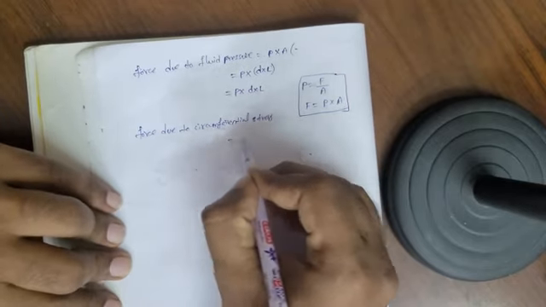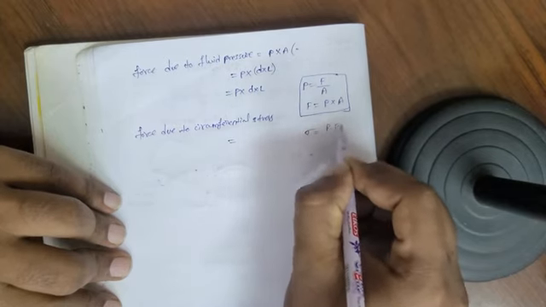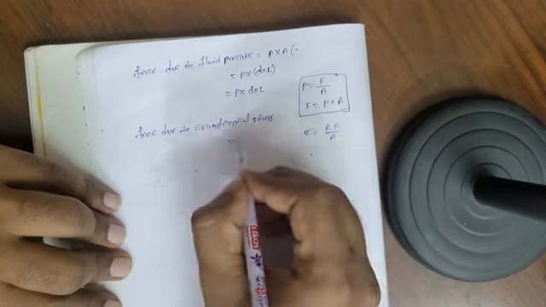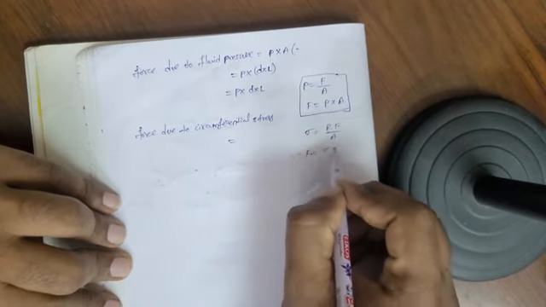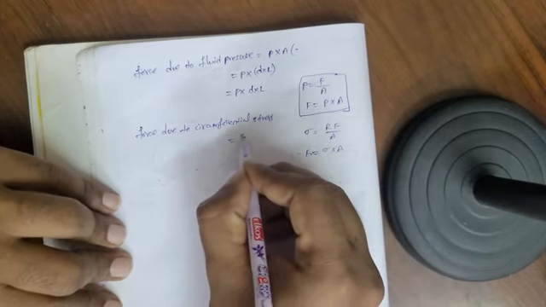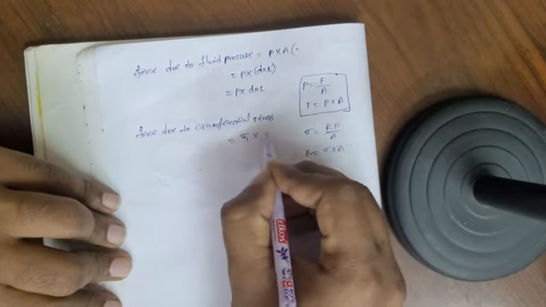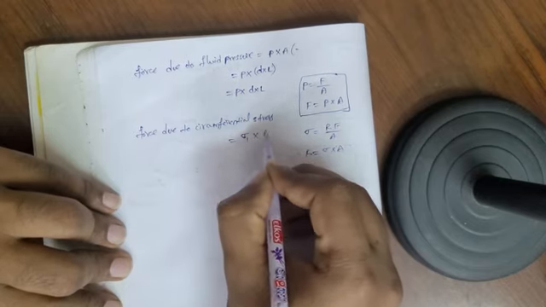As we know, the formula for stress is resistance force per unit area. Here we want that force, that is stress into area. Here stress is sigma 1 we are considering, and area is the area on which this sigma 1 is acting.